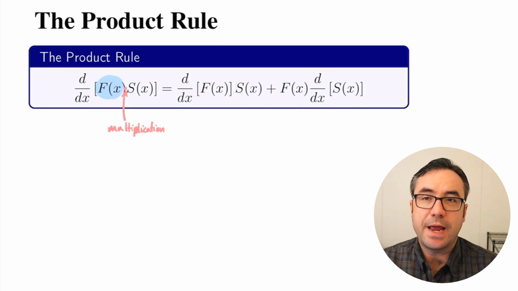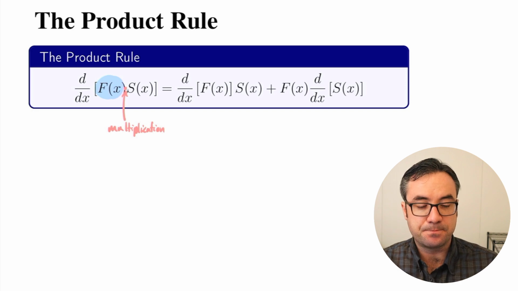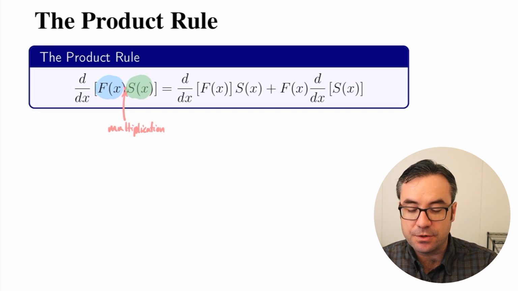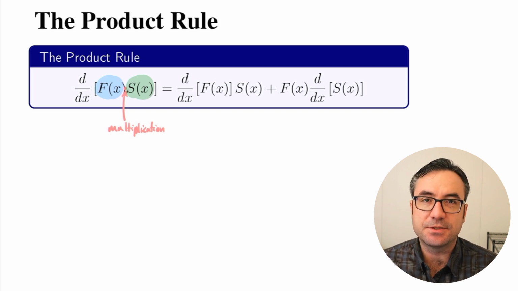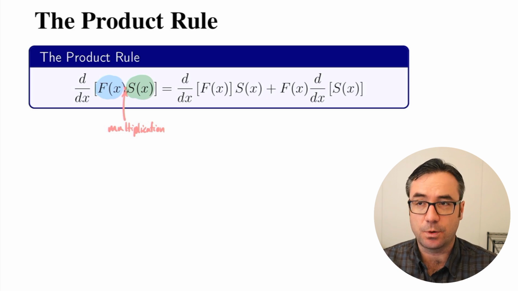Here's a function where we might have some x terms, and a second function with some x terms, and we're multiplying those together. This formula tells us how this derivative process works.